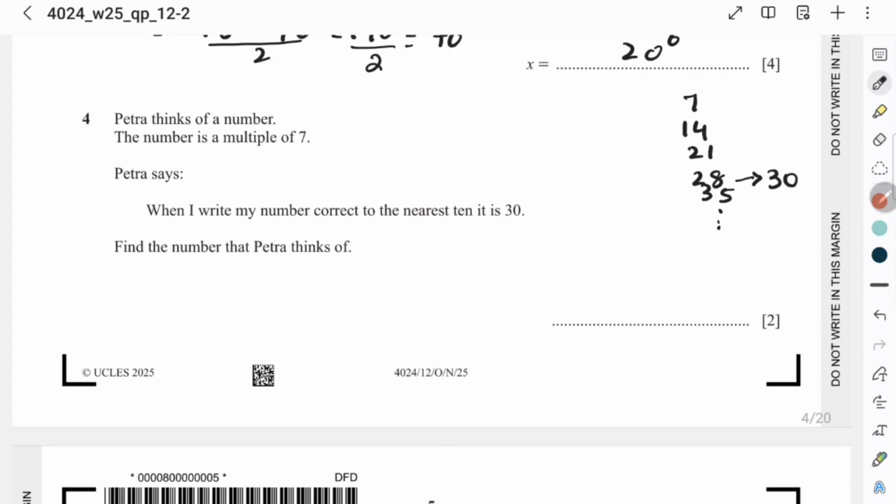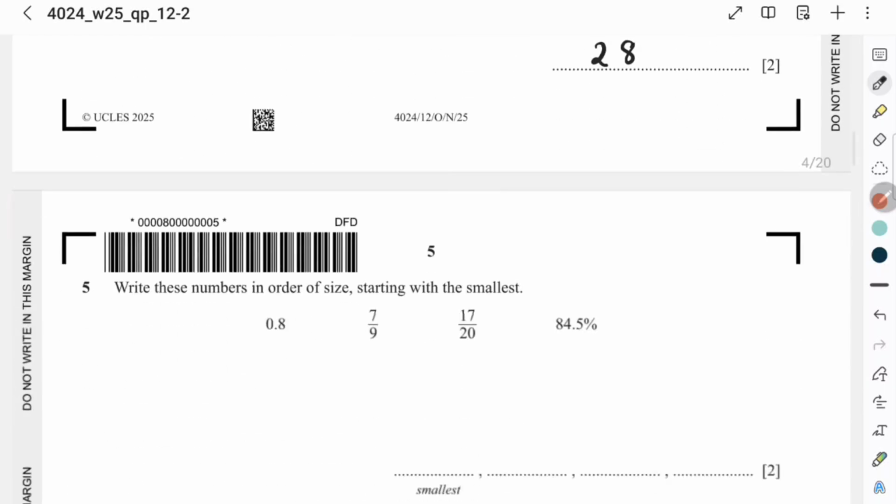So that is equal to 28. So 7 times 4 is 28, a multiple of 7 also, and if we round this number to the nearest 10, that is 30, so that is only 28. So 28 is the answer for this question.